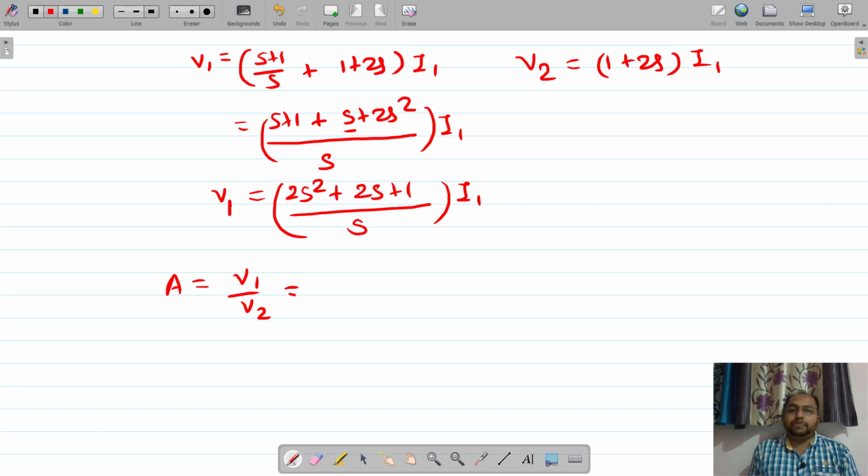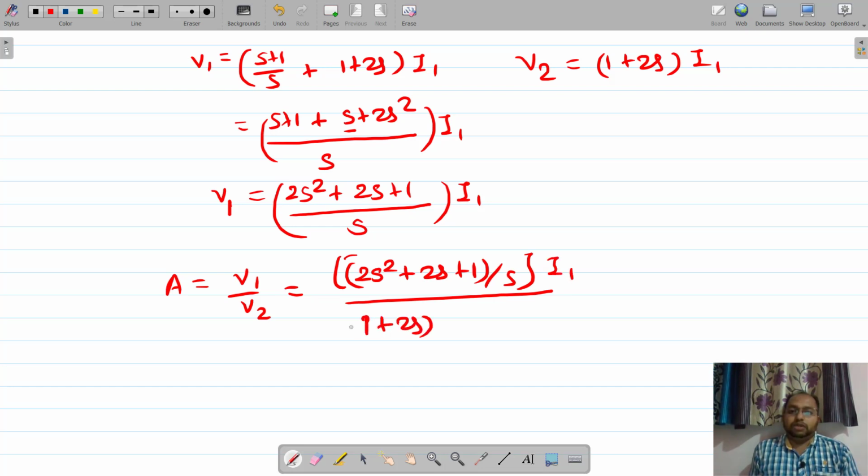So therefore twice s square plus twice s plus 1 divided by s, multiplied by I1, divided by 1 plus 2s into I1. So I1 will be getting cancelled out.